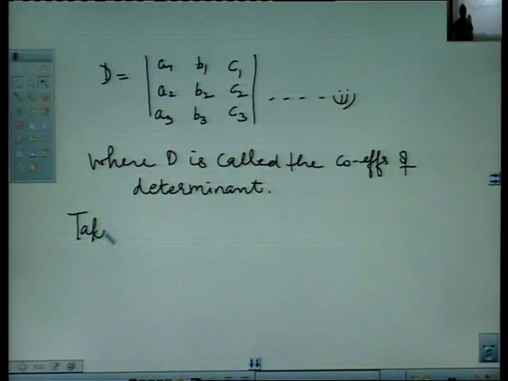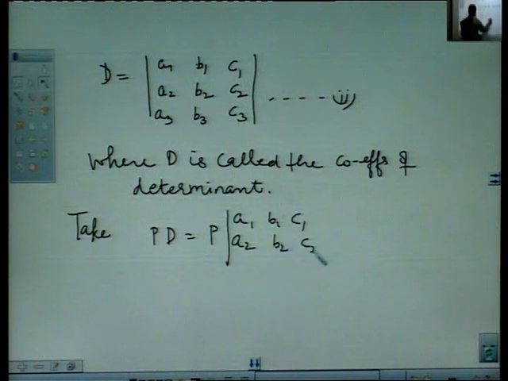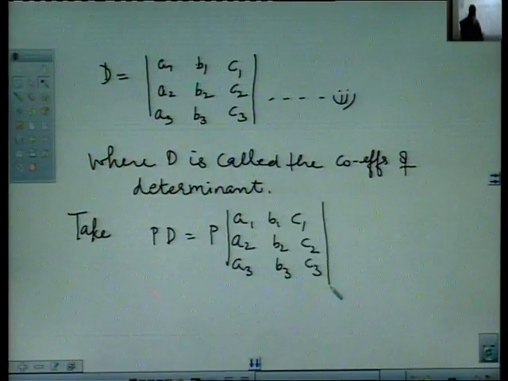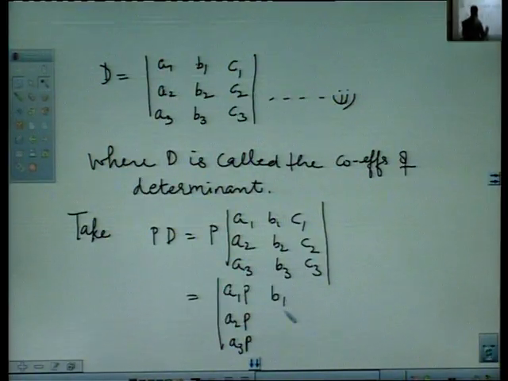Take PD. P and D is A1, B1, C1, A2, B2, C2, A3, B3, C3, and it will be equal to the determinant with columns A1P, A2P, A3P, B1, B2, B3, C1, C2, C3.